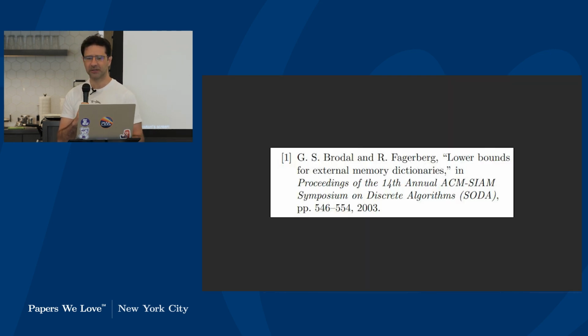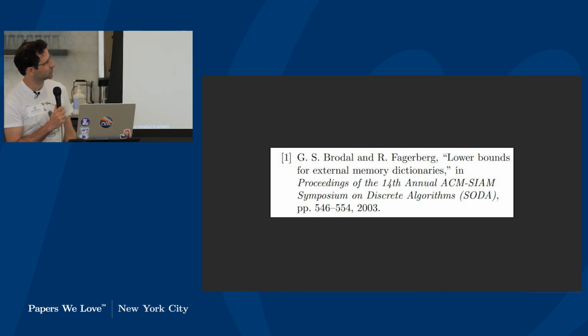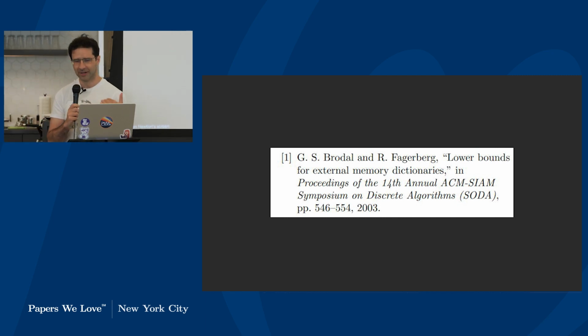The original paper describing the data structure was initially proposed, I believe, in 2003, in the Symposium on Discrete Algorithms, where there was a much less lovable paper with a much less evocative title, "Lower Bounds for External Memory Dictionaries," which I read and go, what?